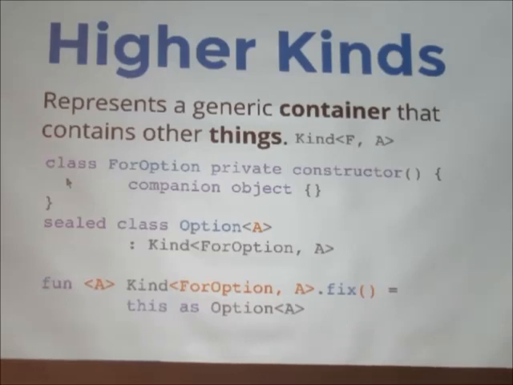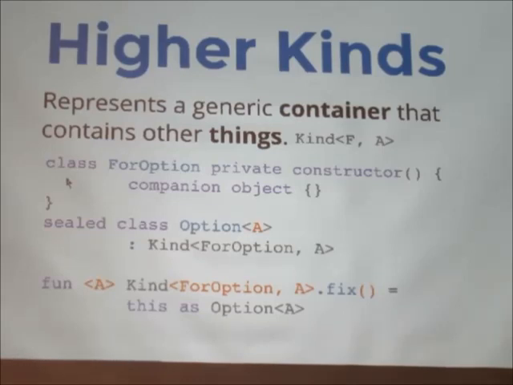So that option class is what you most generally interact with. It's generic on a type A, and it implements the kind of forOption, which is the surrogate class, and the kind A. So all it's saying is that I want this to be a container of type forOption, and it needs to hold things of type A.